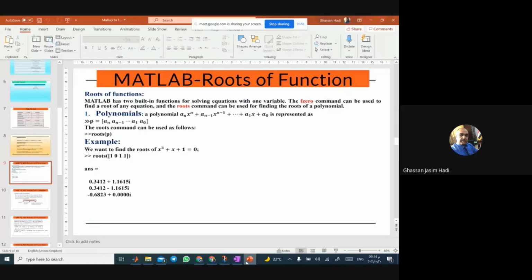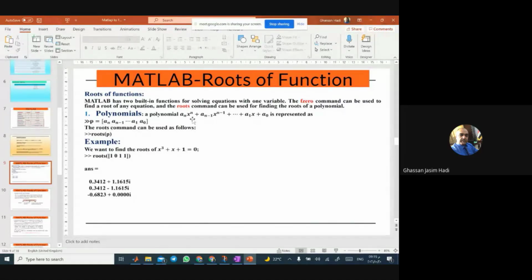Now, how to find the roots? It's so easy. It's right here. Just say roots A. Here we gave an example P. Same thing, just with the coefficients.